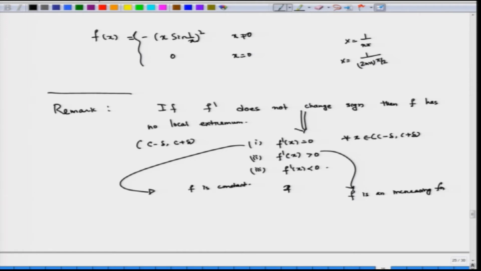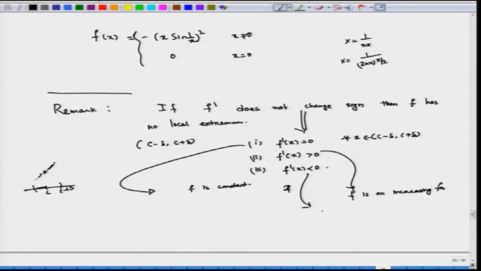If it is an increasing function, then whatever the value f of c is, on c to c plus delta all the values will be greater than this, and on the left all the values will be less than this. So, it has no local extremum.